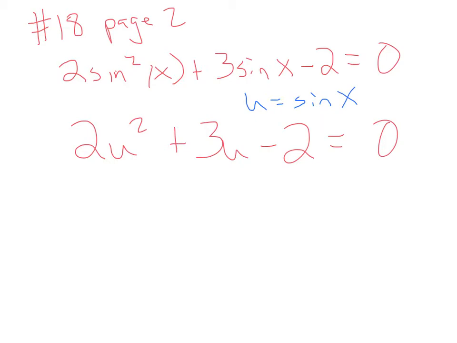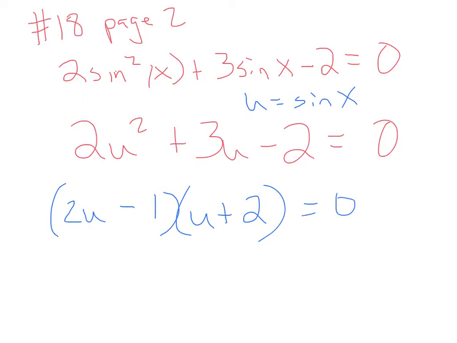You could use the quadratic formula, or hopefully you're able to factor it. And I believe this factors to 2u squared plus 4u minus u minus 2, so (u + 2)(2u - 1). It does. Do you follow that factoring? Okay.